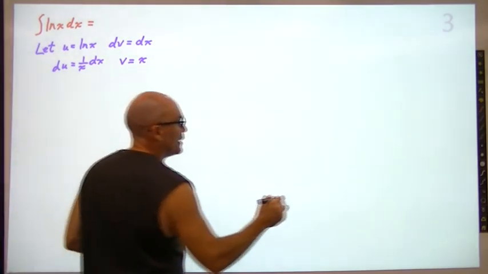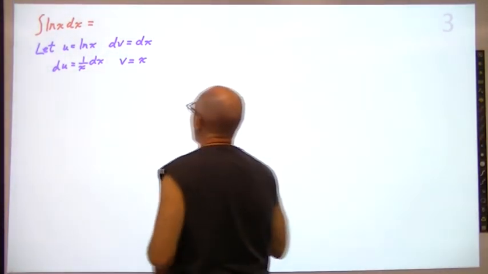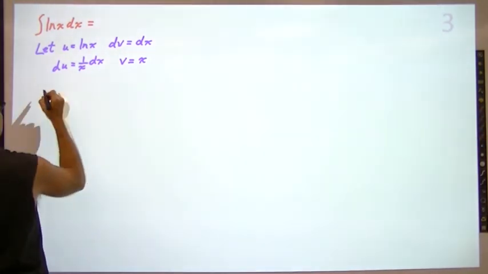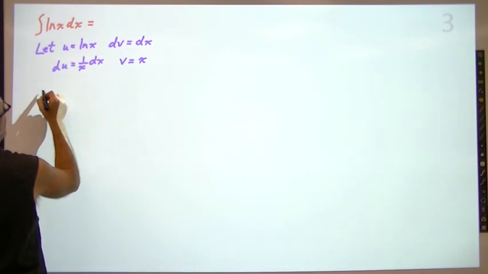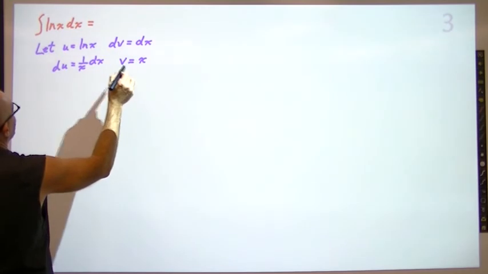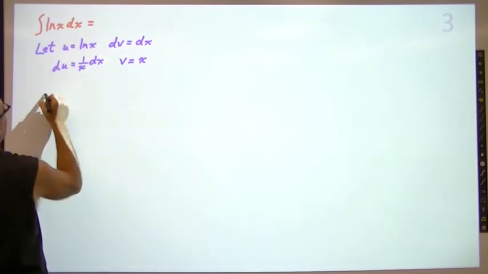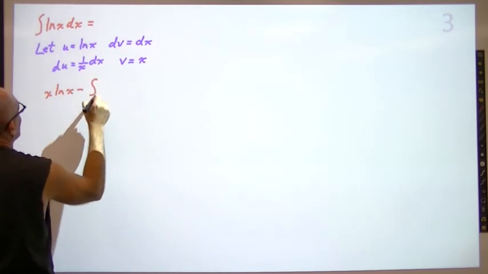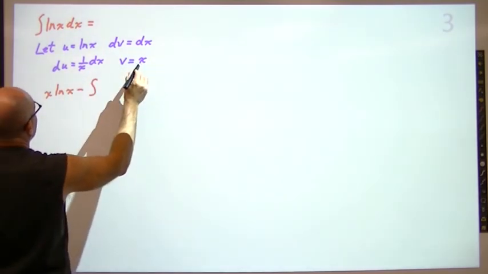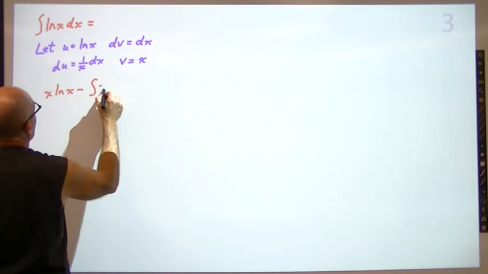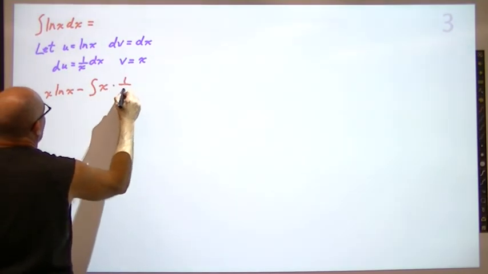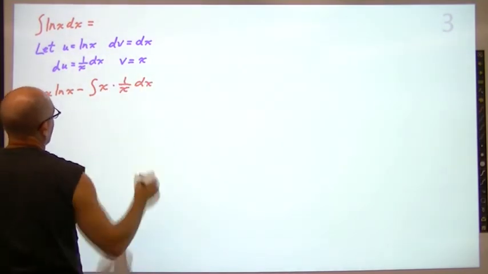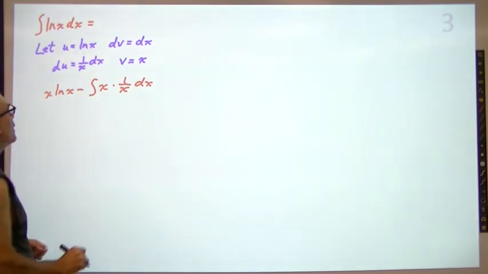So now I'm ready to do my parts. So this is going to equal uv, which is x times natural log x, minus the integral of v du. Look how nice and neatly that works.